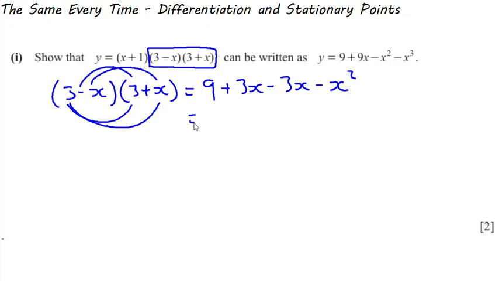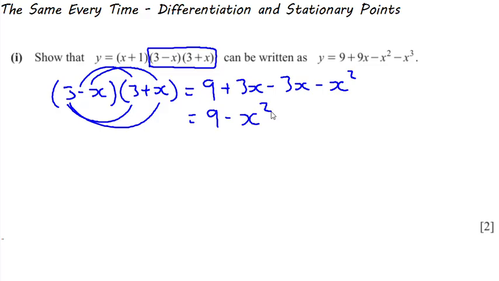Now, this actually simplifies quite nicely, doesn't it? Simplifying, 3x minus 3x is just going to be 0, isn't it? So all we're left with is 9 minus x squared.